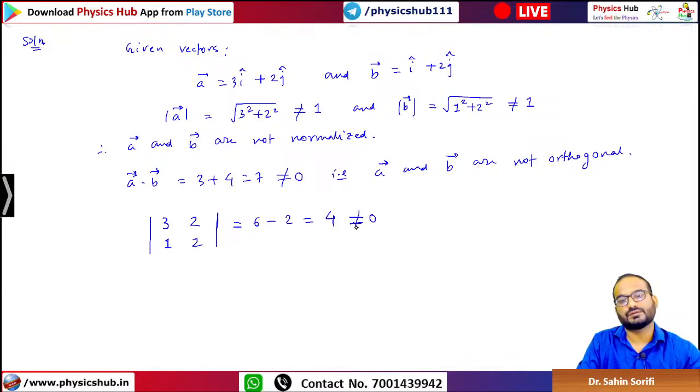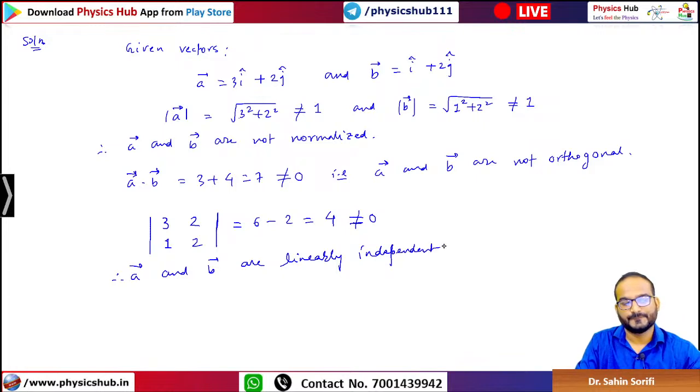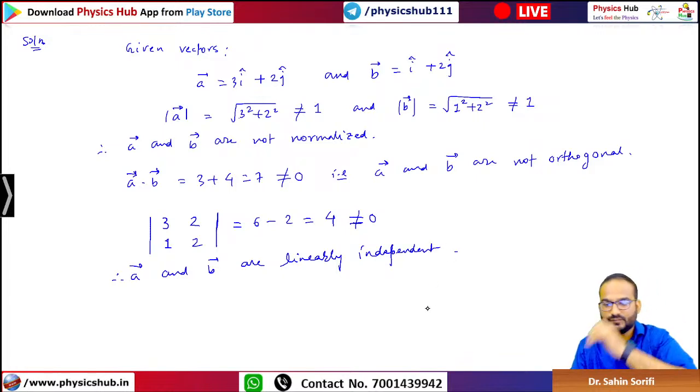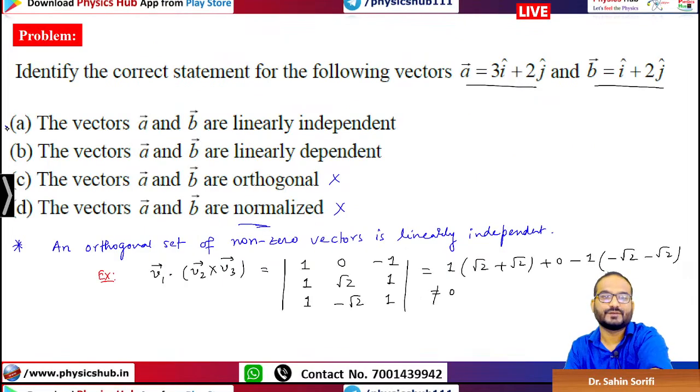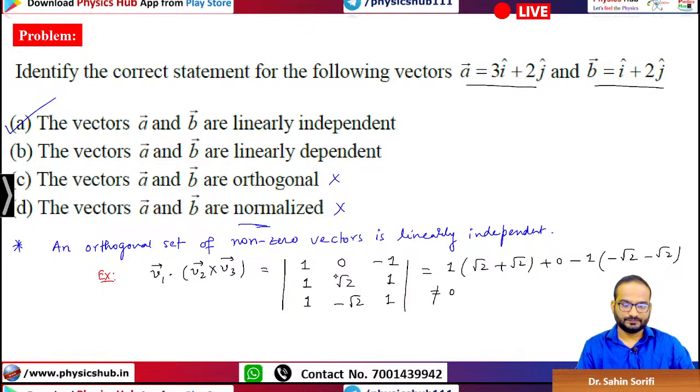If it is not equal to 0, it means A and B are linearly independent. So the first option is the correct option. Understood?